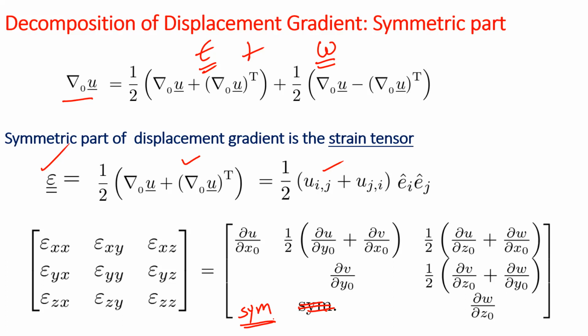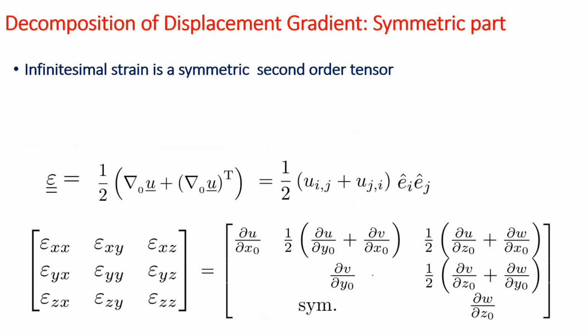So this is the definition of strain. You have now put it in every possible form: tensor form, indicial form, matrix form, and its corresponding components. So the symmetric part of the displacement gradient is the strain tensor. And we are dealing with small deformations, which are actually small, in the sense of 10 power minus 3 or 10 power minus 2 of the original length.